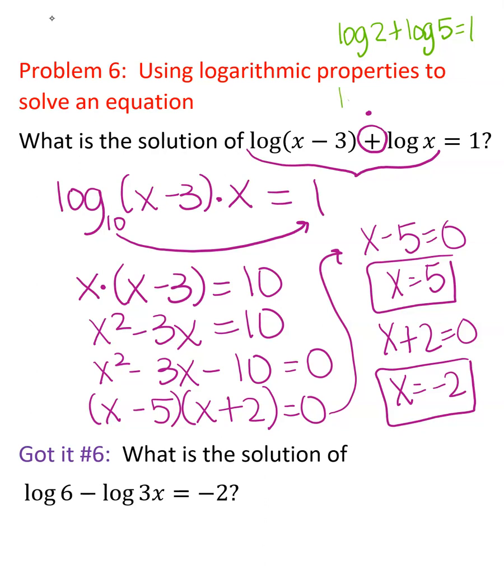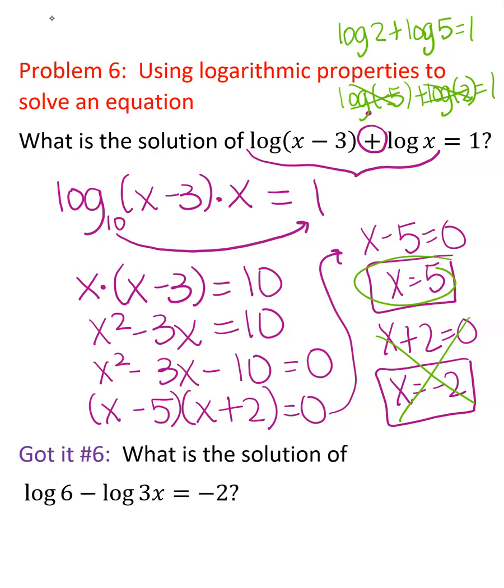You also have to plug in log negative 5 plus log negative 2 equals 1. This one I can already tell you is not going to work because we cannot do logs of negative numbers. Make sure that when you put them together, they're a negative number, not just separately. So I'm going to cross this one out. It doesn't work. 5 is my only answer this time.